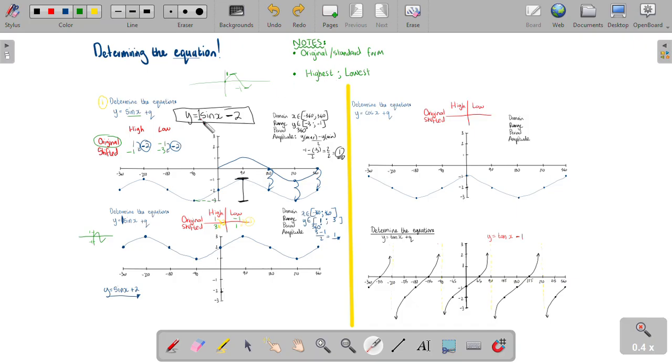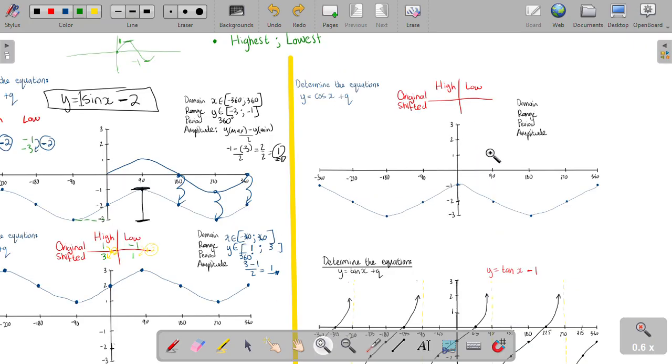Then we use the highest and lowest technique: I know my original highest point of a graph, and the graph looks like it's been shifted, so you check the lowest and highest points of the shifted graph, see the difference, or how it has moved, and that is how you find your Q and therefore your equation.